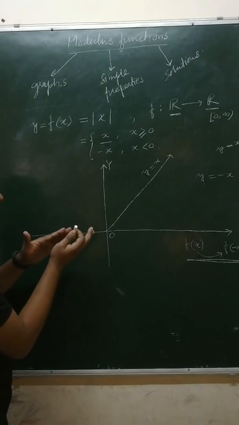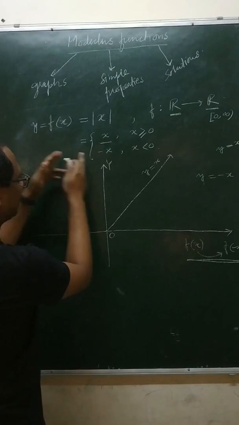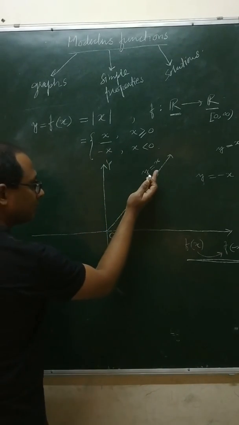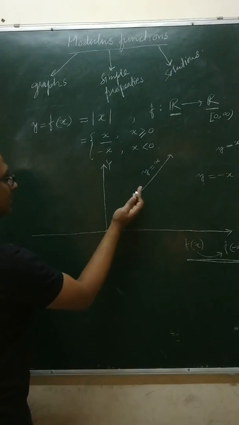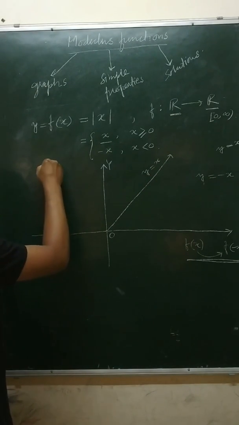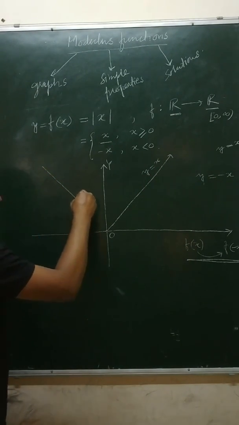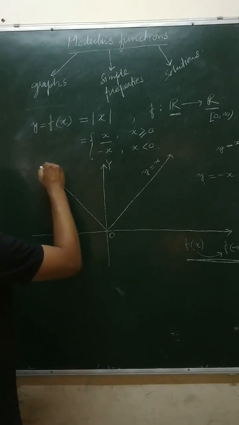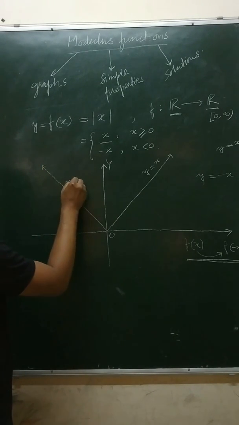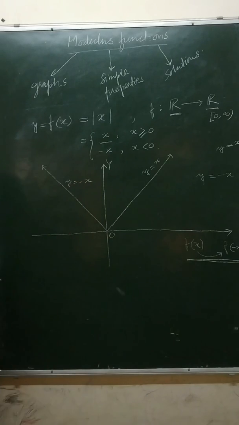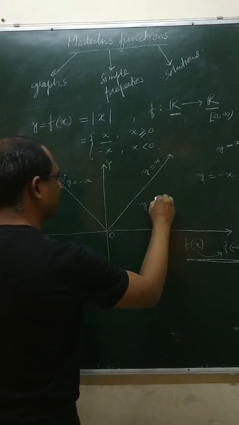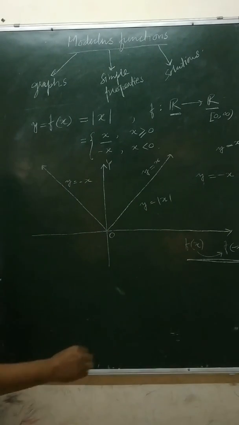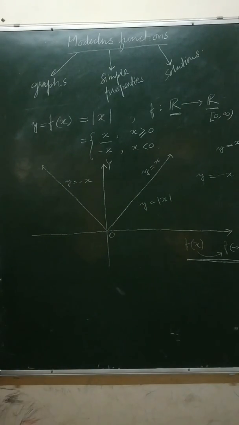So all I have to do to draw y equal to minus x is take the reflection of y equal to x, that is f(x), in the y-axis to get this. So it becomes y equal to minus x. These two graphs combined give us y equal to modulus of x. Okay, y equal to modulus of x.